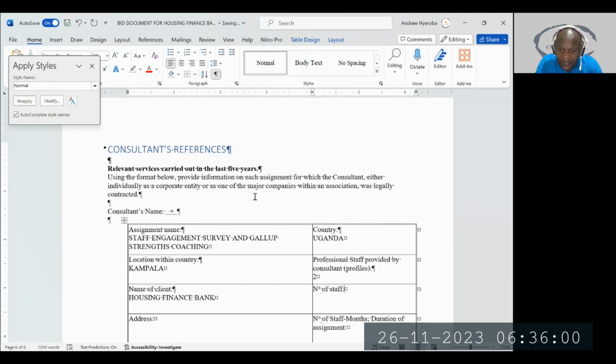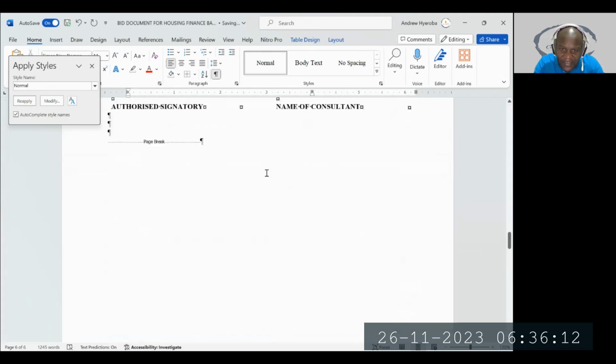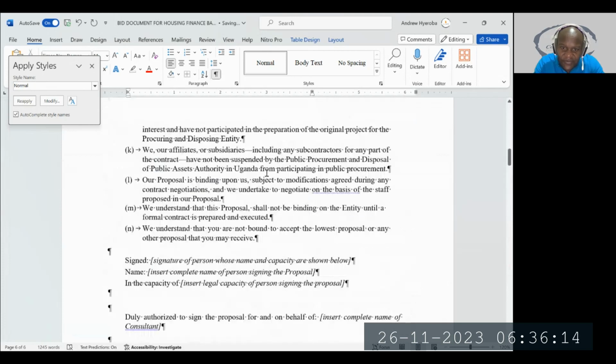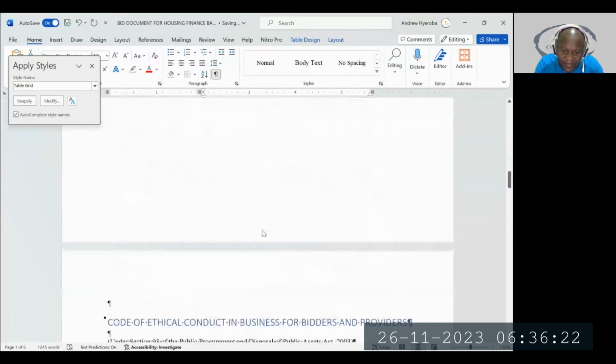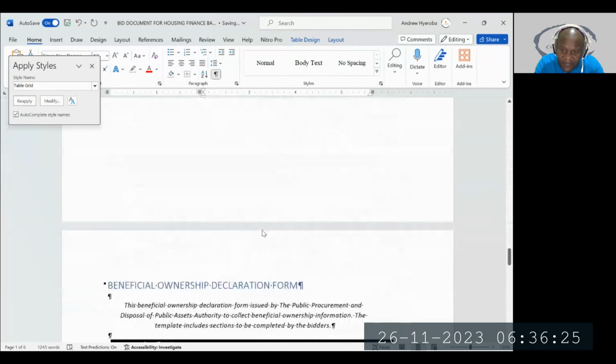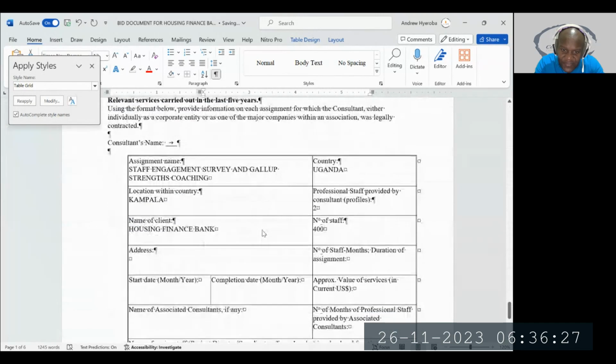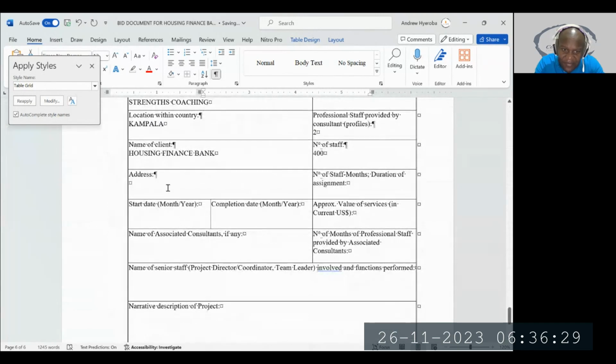Number of staff. Number of staff of this client, they're about 400. They said that in their bid. Address, we already have the address somewhere, isn't it? So the trick about this proposal writing is you now have to fill in and keep.